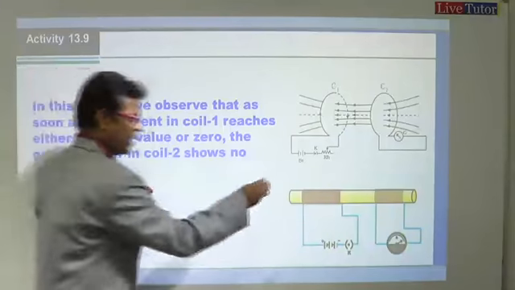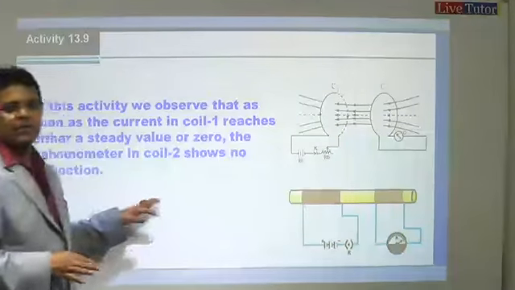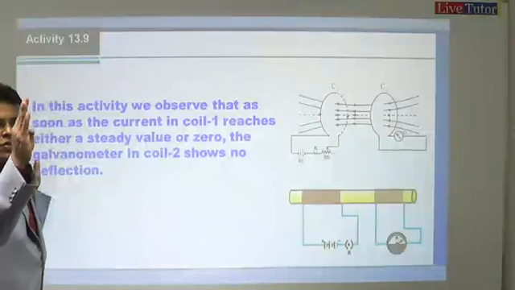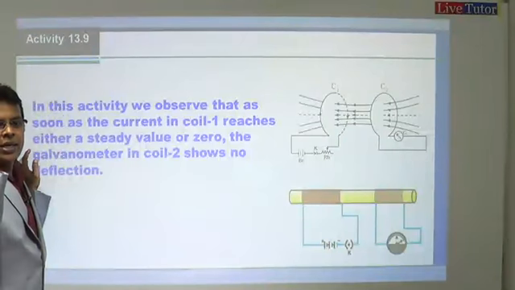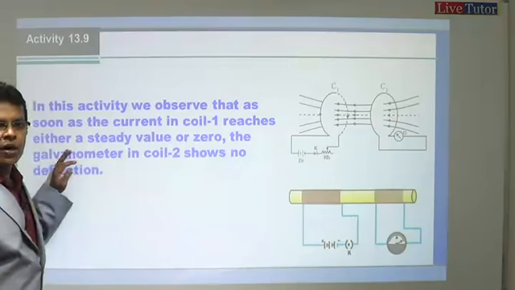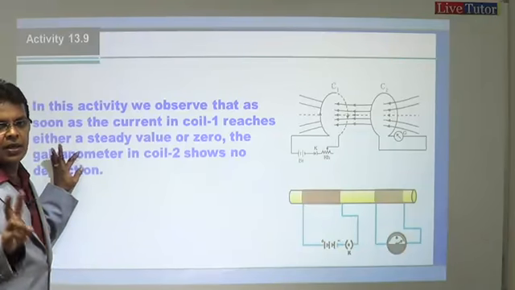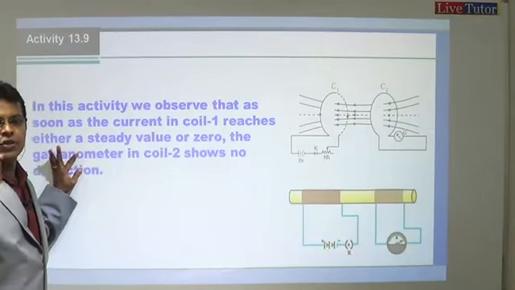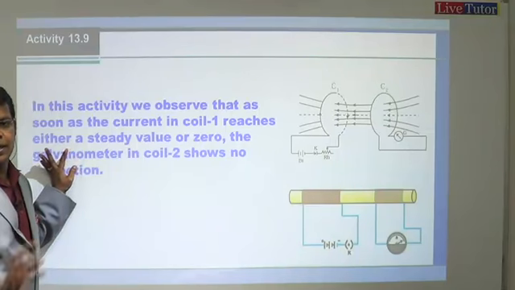But once you plug the key and keep it for some time, the deflection will come to 0. That means when it reaches the steady value, or 0 when it is not plugged, in both cases the galvanometer will show no deflection or null deflection.